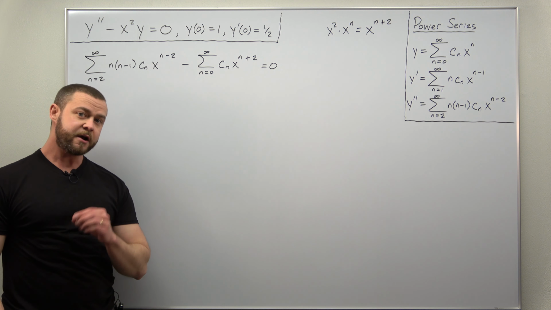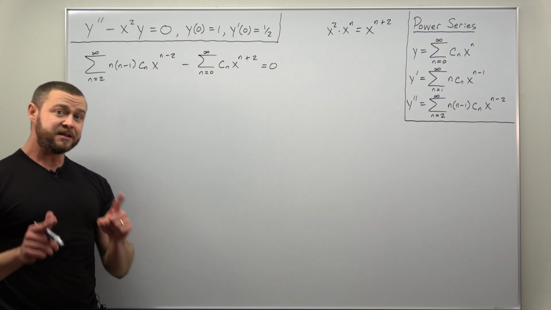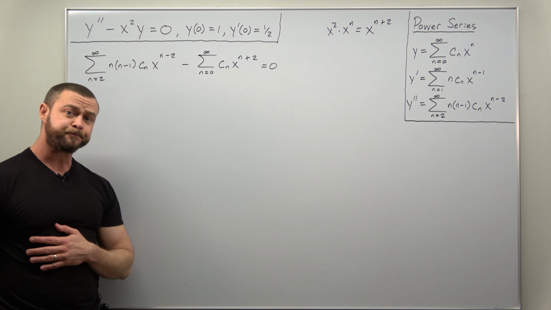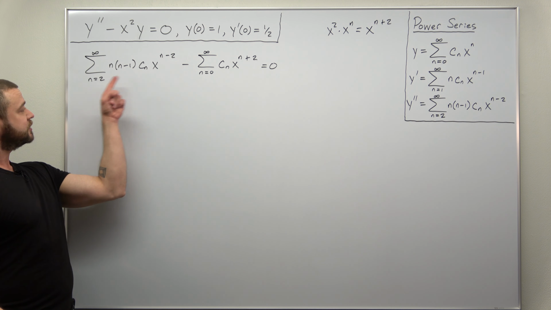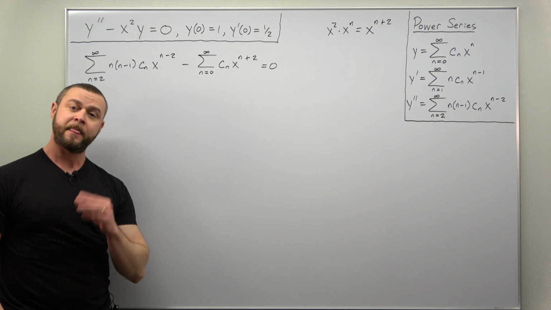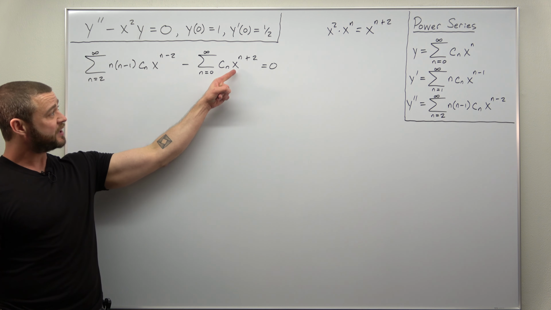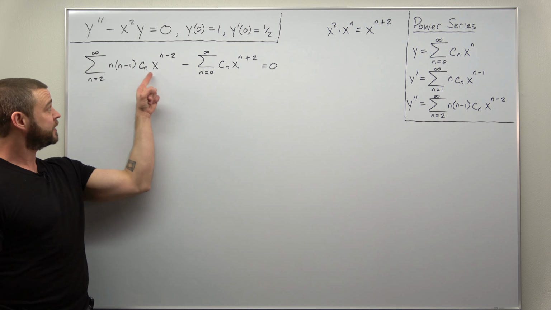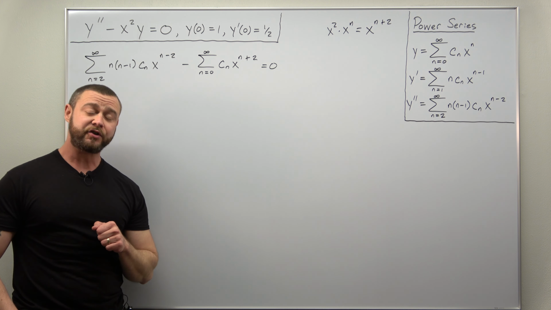All right, now from here, what we try to do to get the recurrence relation is combine these two power series together, but there's an immediate problem. It's okay that your starting indices are different. Ultimately, we want to combine the powers of x together, but this has x to the n plus 2, and that has x to the n minus 2. We're going to need like terms.